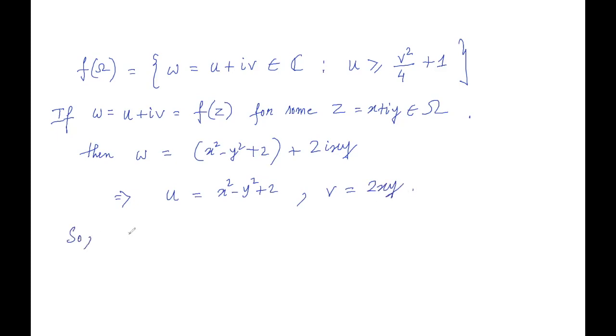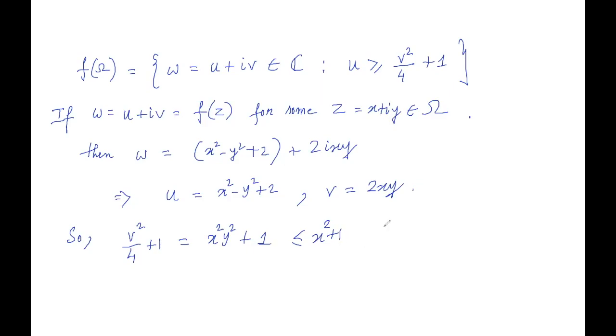And so v square by 4 plus 1 is equal to x square times y square plus 1, which is less than or equal to x square plus 1.